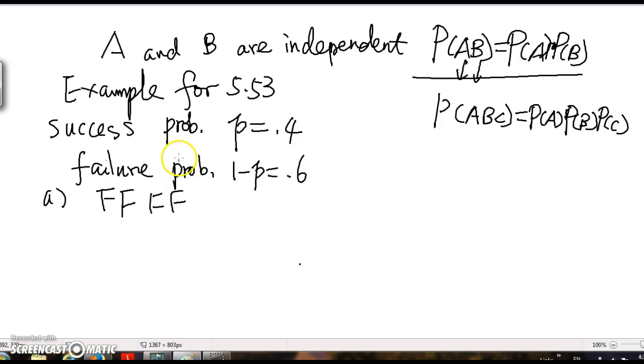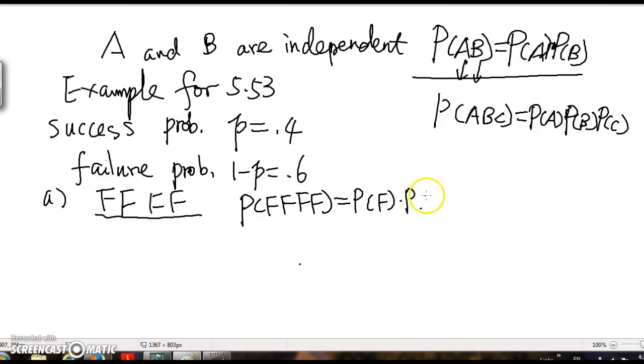And if we have 4 events, each of them has a failure outcome. So when we look for the probability of FFFF, it's going to be equal to the probability of each F. The first time it's a failure, the second time it's a failure, the third time is a failure, and the last time is a failure.